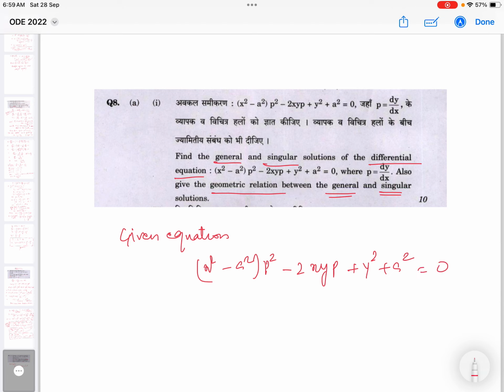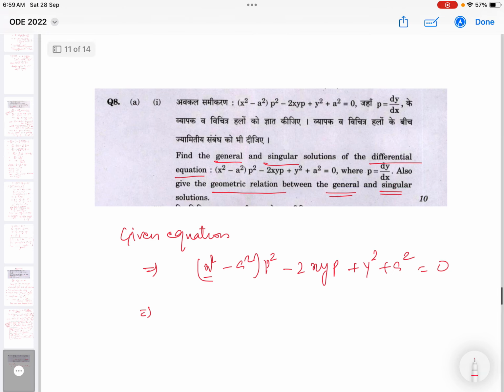Now, if you observe it clearly, you will find that something square terms is there. You see x square p square, y square, minus 2xyp. So the entire term becomes a square: xp minus y, whole square, minus a square p square.